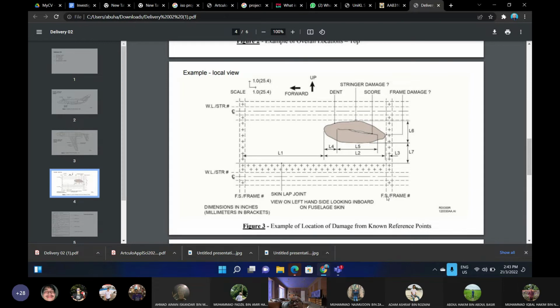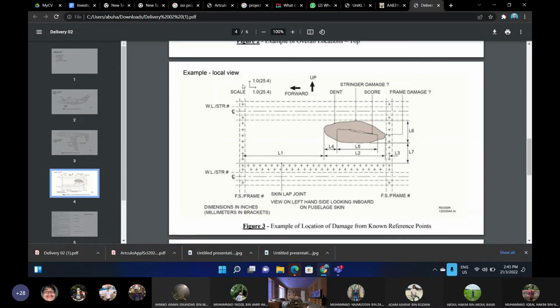For example, this is to the nearest fuselage frame. For our situation, I think it is body station. So you have to measure and determine how far from the nearest station.